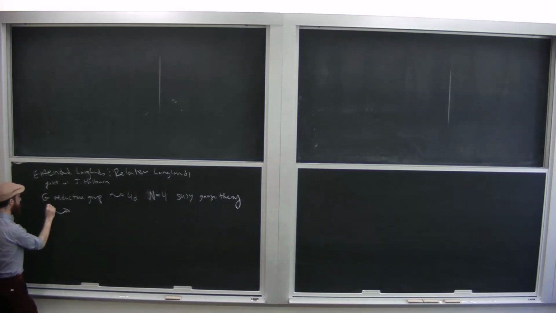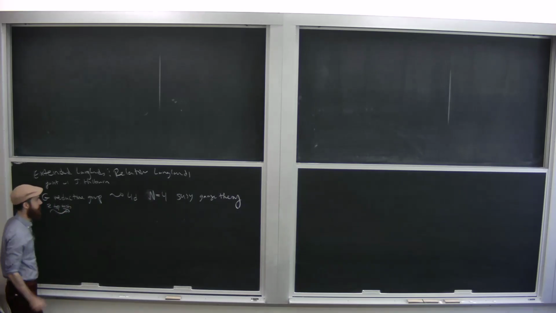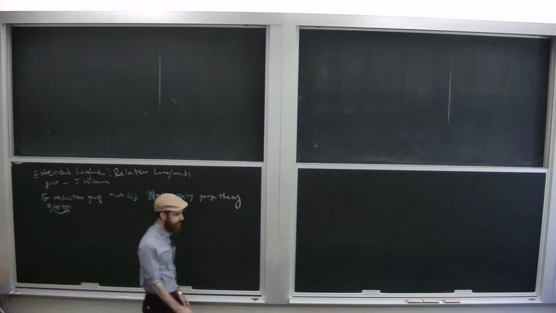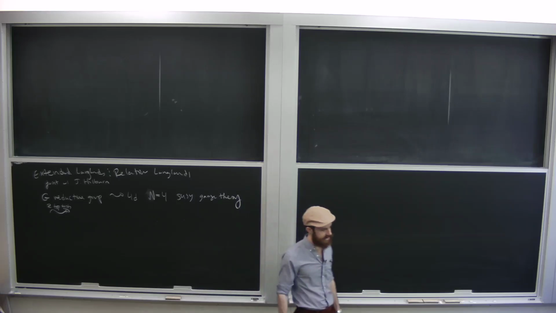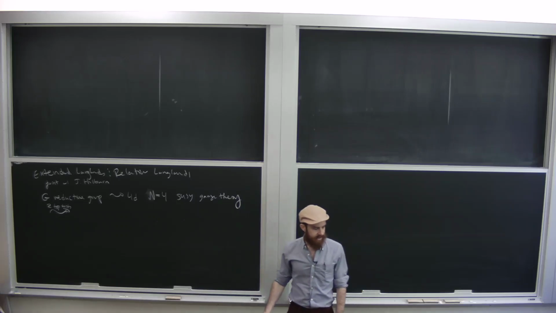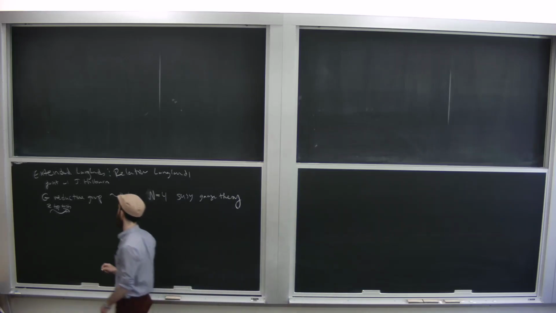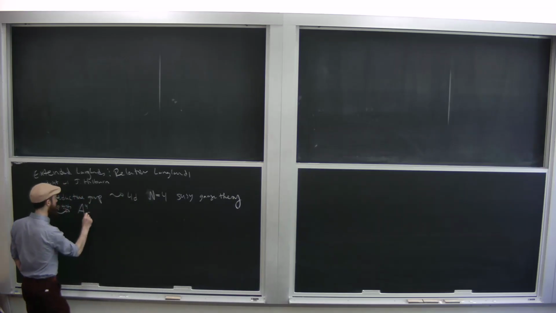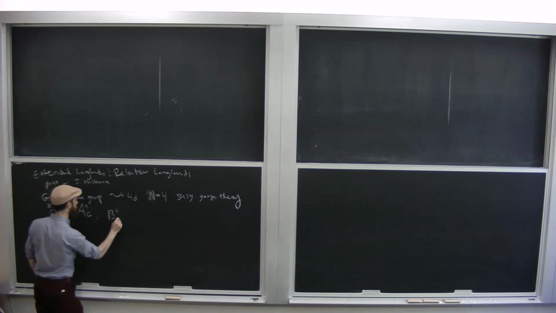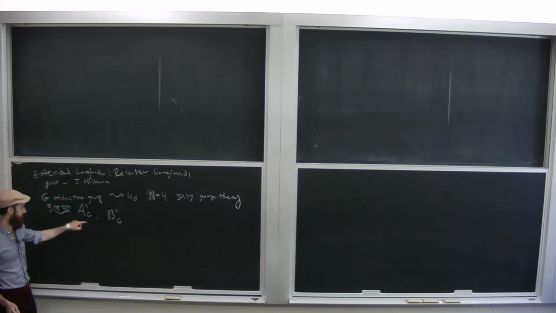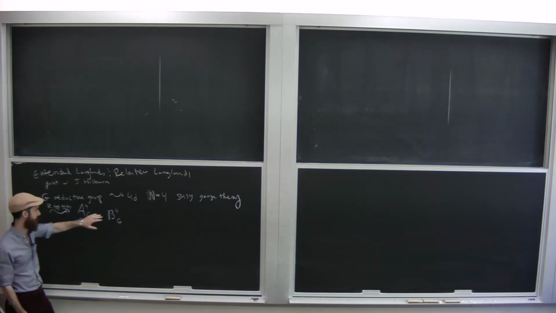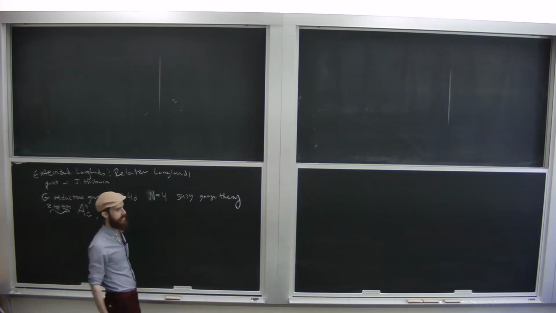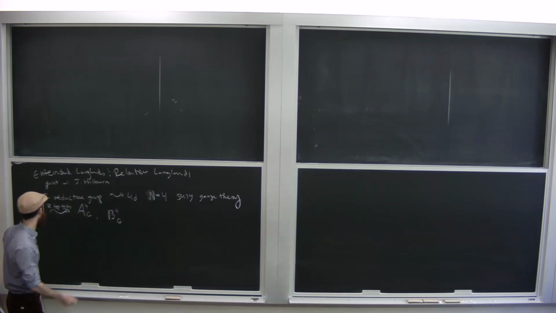So this theory has two topological twists, which you might call the A twist and the B twist. Let me call these A_G and B_G. The G labels the gauge group, and the 4 labels that this is a twist of 4-dimensional supersymmetric gauge theory.